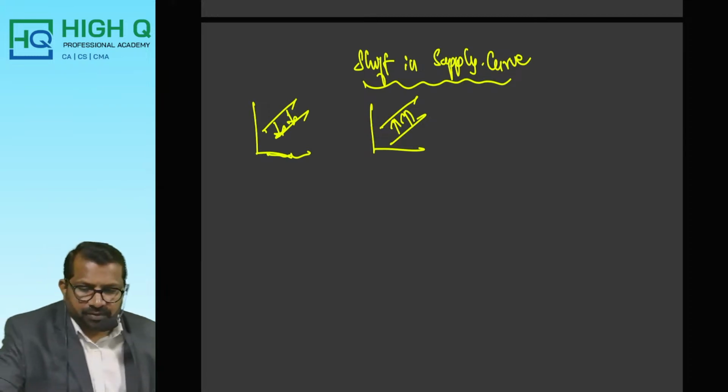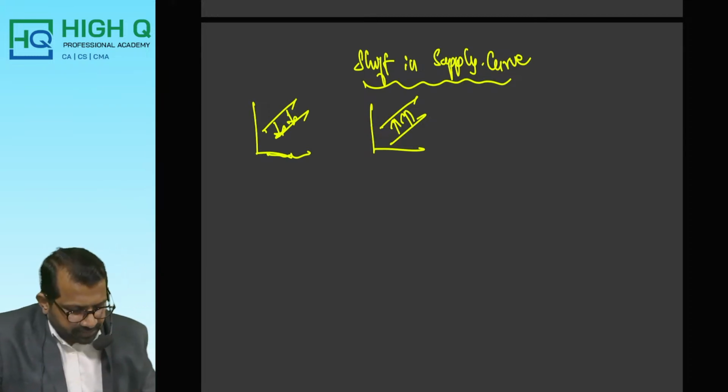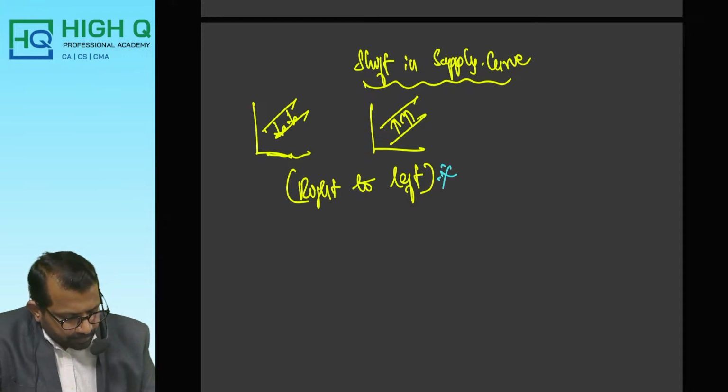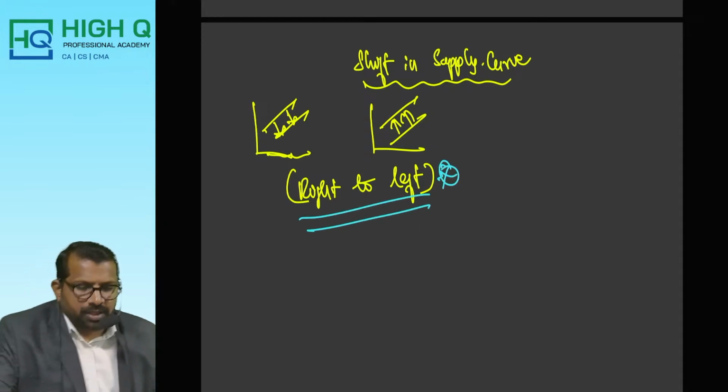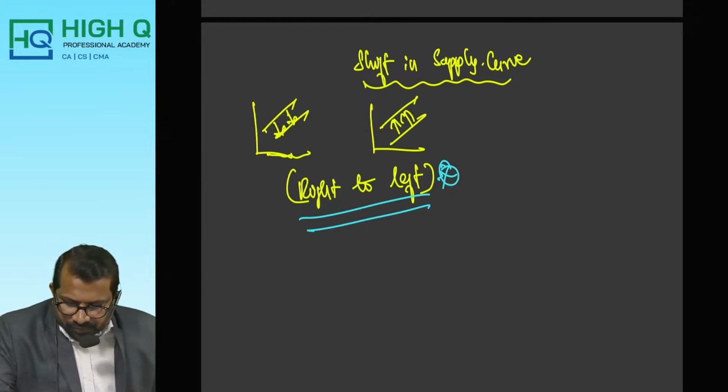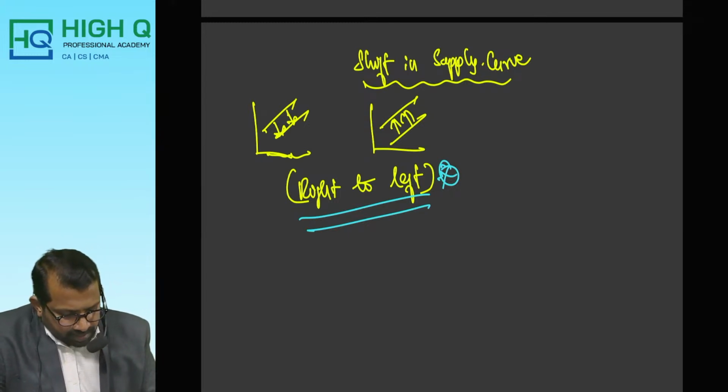Other than the price of the commodity, the supply curve shifts always right to left. Important: supply curve always shifts right to left.